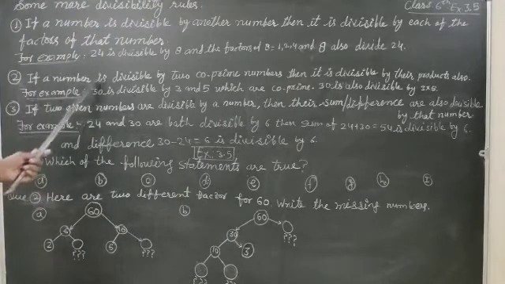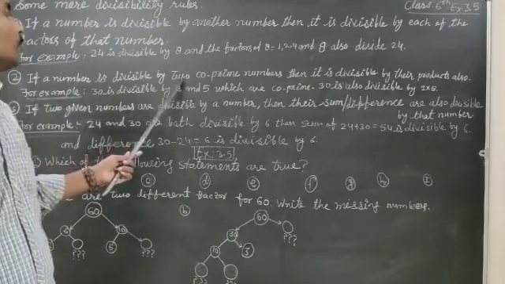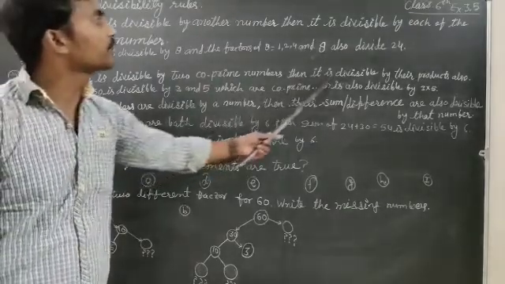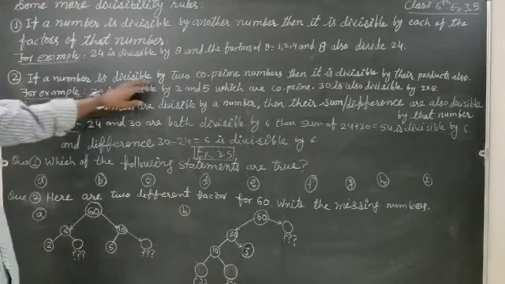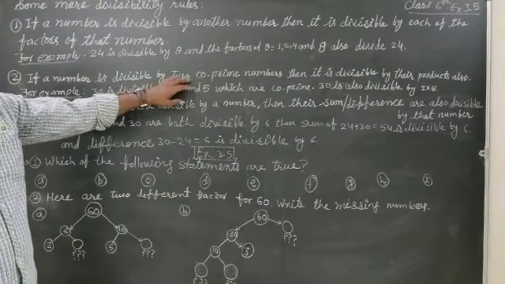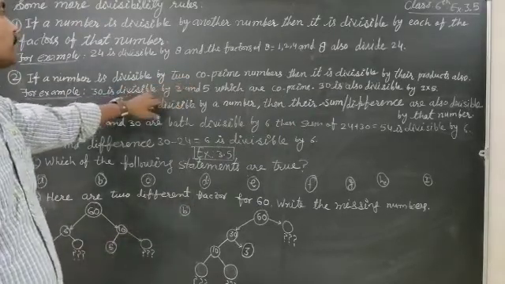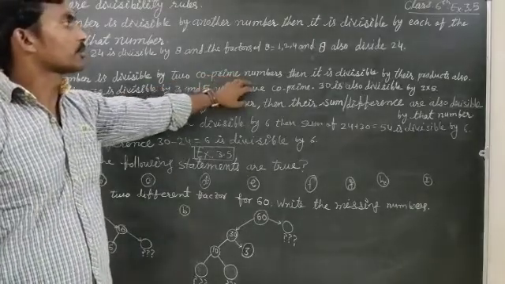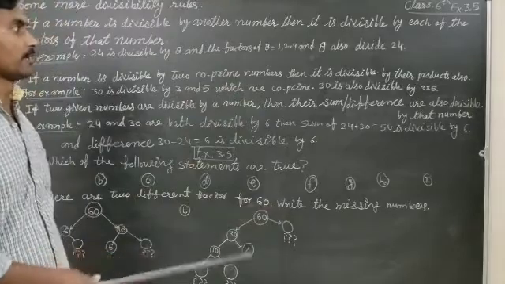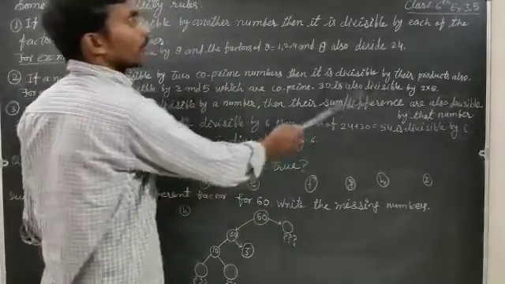Second, if a number is divisible by 2 co-prime numbers, then it is divisible by their product also. कोई भी नंबर 2 को-प्राइम नंबर्स से डिविजिबल है, तो उनका प्रोडक्ट भी उनको डिवाइड करेगा.